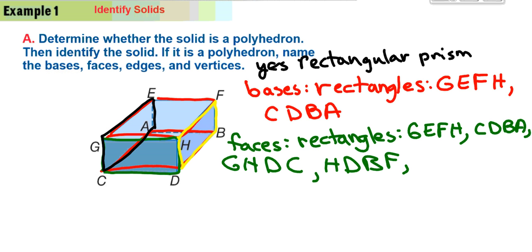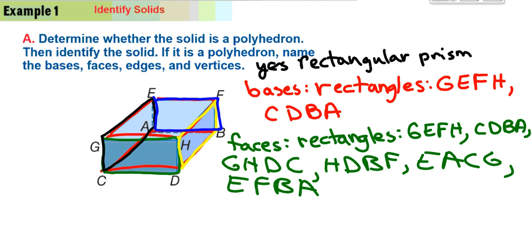EACG is this one over here. EACG. And what else do we have? EF, I agree with. EFBA is this other one. EFBA.